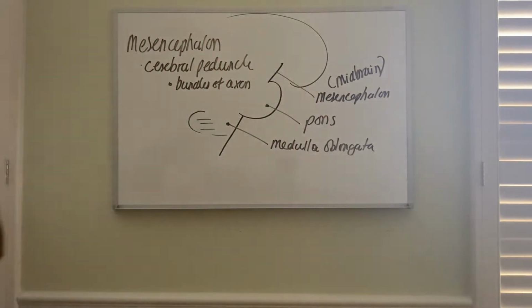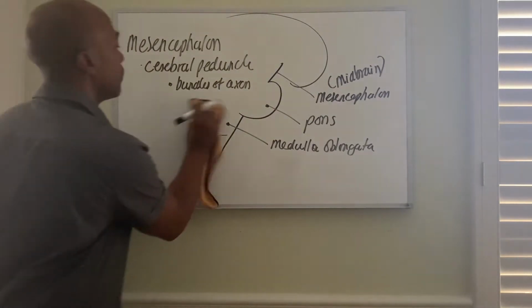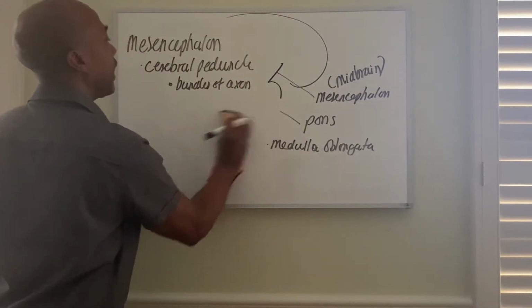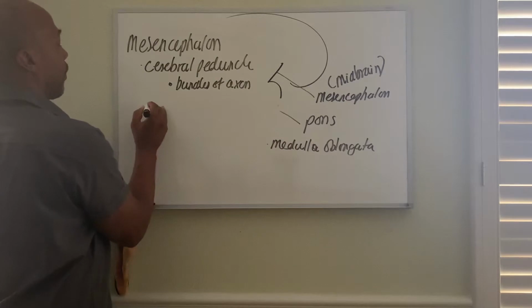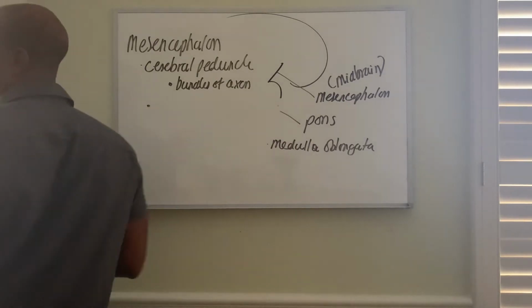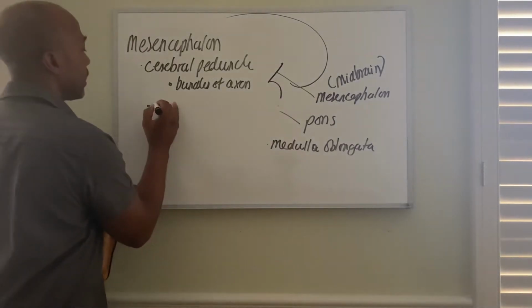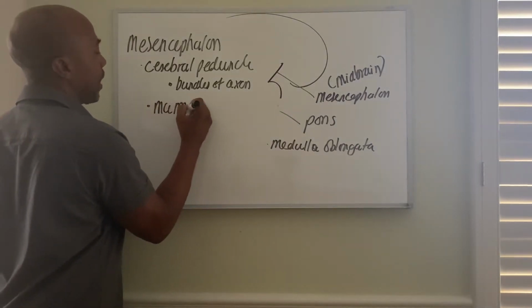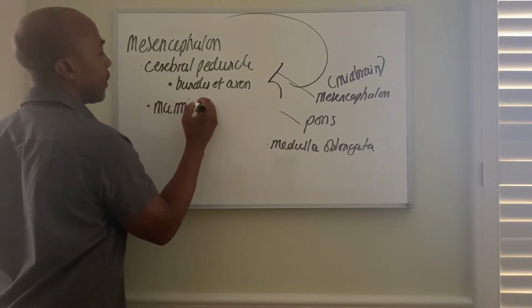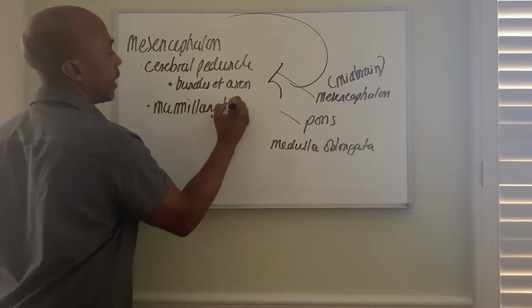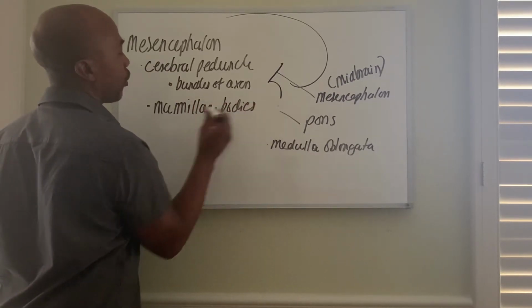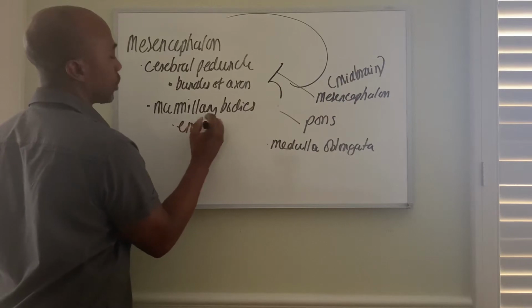Also in the midbrain, you have an area called your mammillary bodies. So your mammillary, two M, two L's, mammillary bodies are part of your emotional circuits, what's called your limbic system.